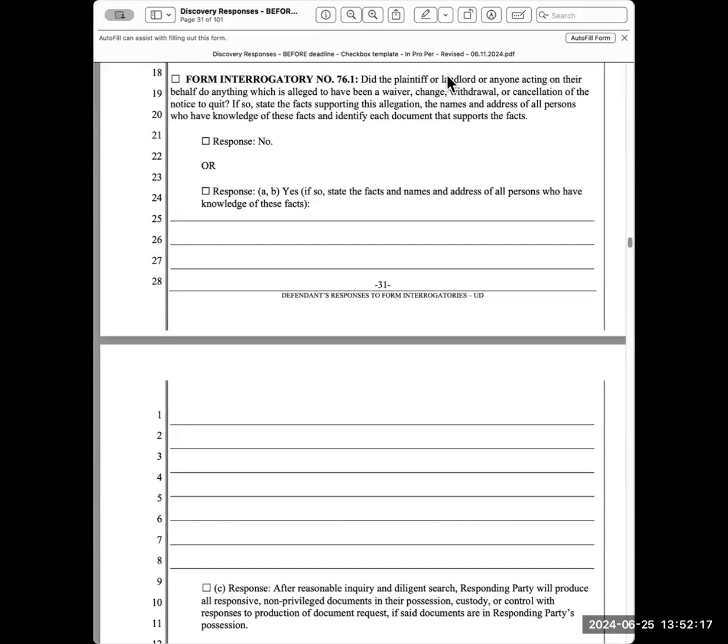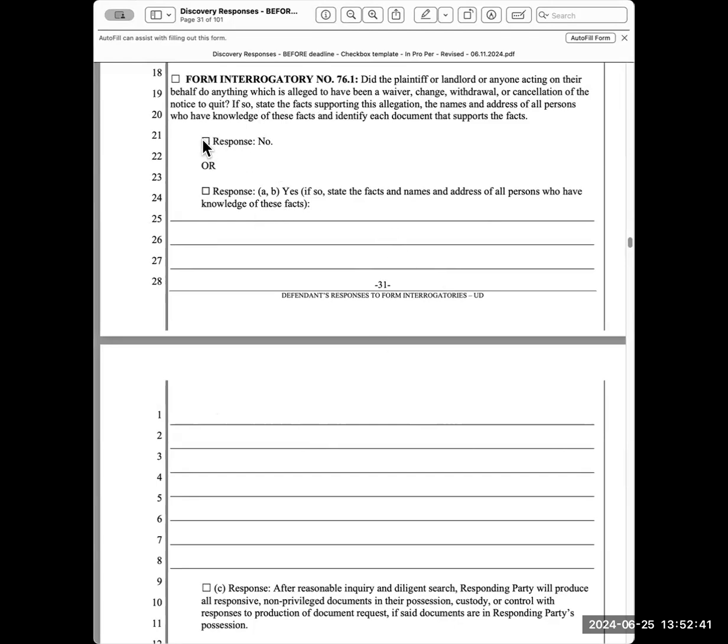And so here specifically, the question is asking, did the plaintiff or landlord or anyone acting on their behalf do anything which is alleged to be a waiver, change, withdrawal, or cancellation of the notice to quit? If you received multiple notices, then you should put this response and put in an explanation here.